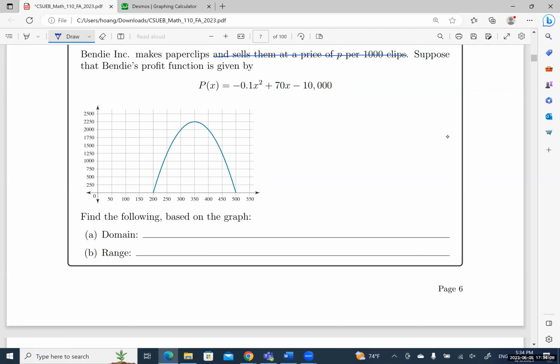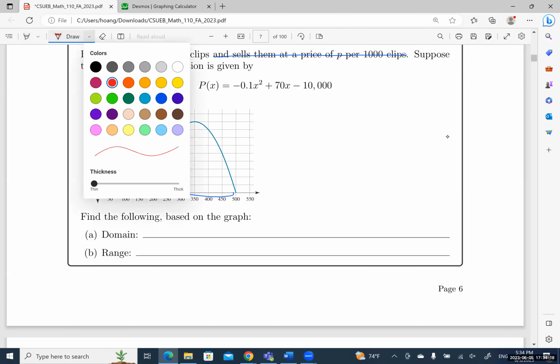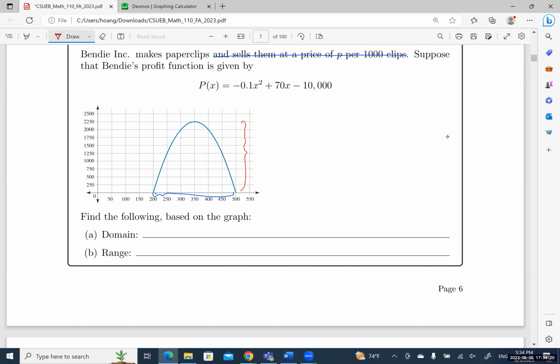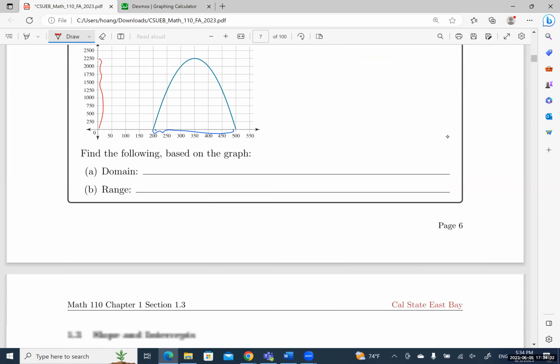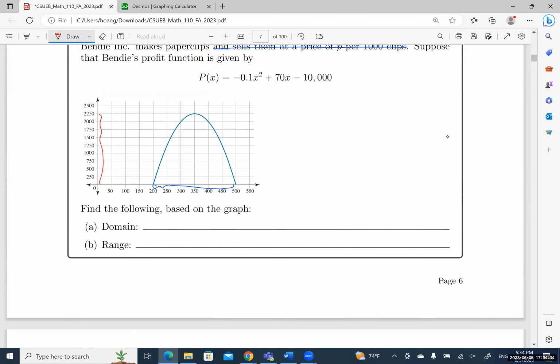The domain is how far horizontally it goes, and the range is how far vertically it goes. I'm also going to skip these two and let you work on them. Okay, I'll stop at 1.2 here, and we'll see you in 1.3.